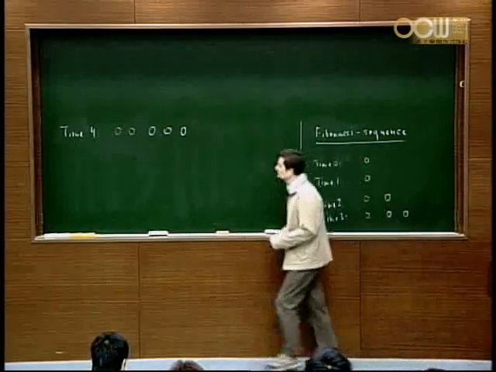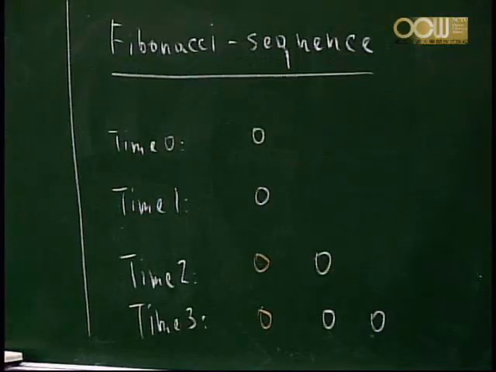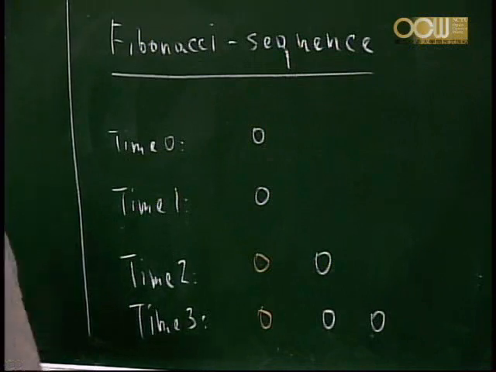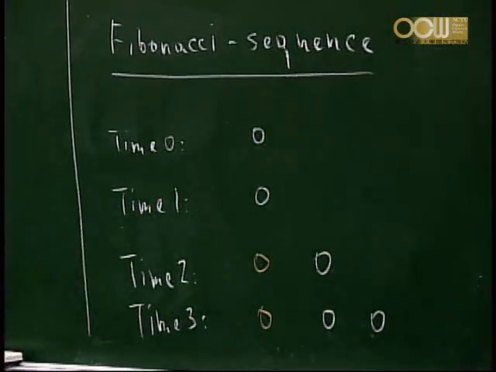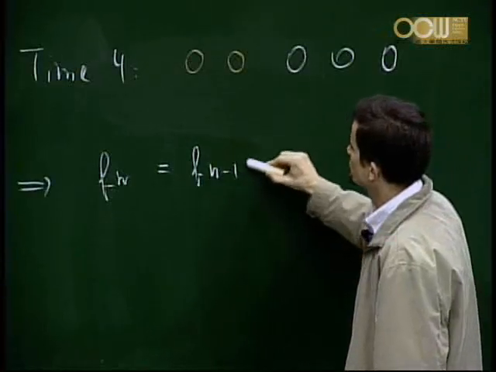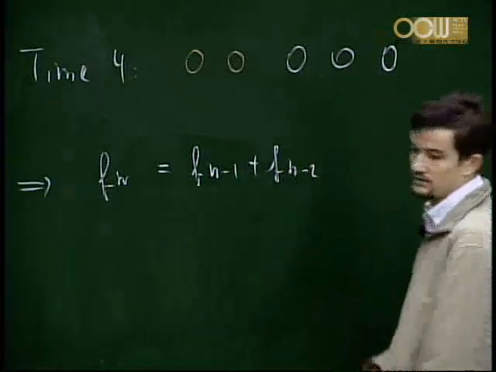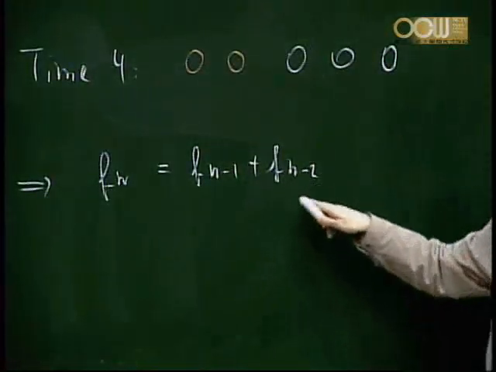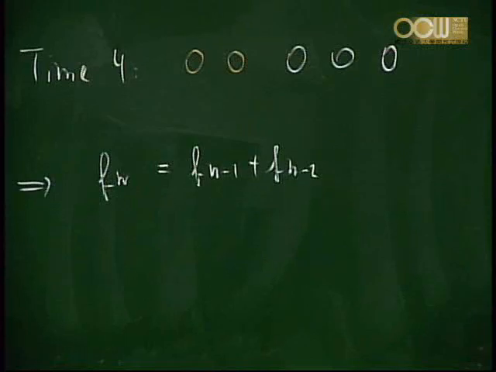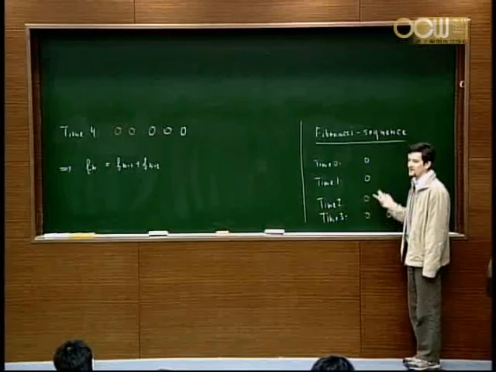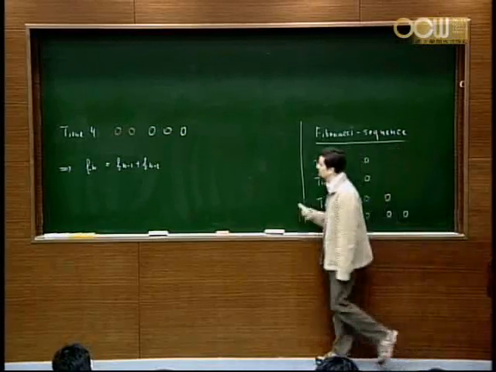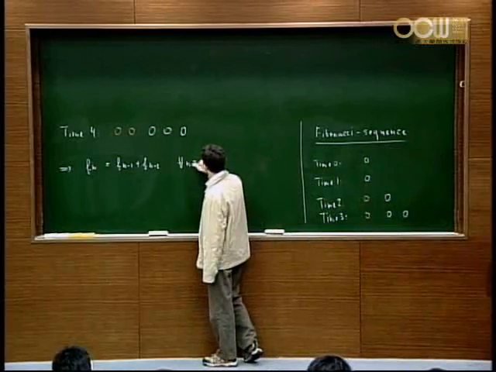So from here you see already the recurrence. If fn denotes the number of pairs after time n, then fn is equal to fn minus 1 plus fn minus 2. Essentially this fn minus 2 comes from the rule that you have to wait 2 time decades until the pair is getting productive. This is for n larger or equal than 3.